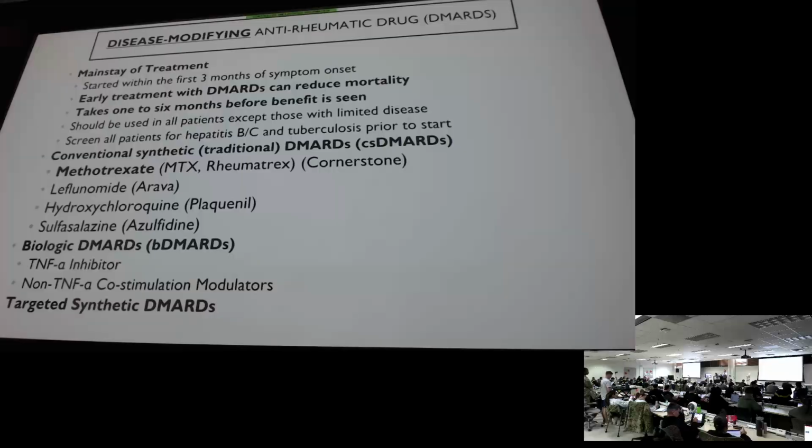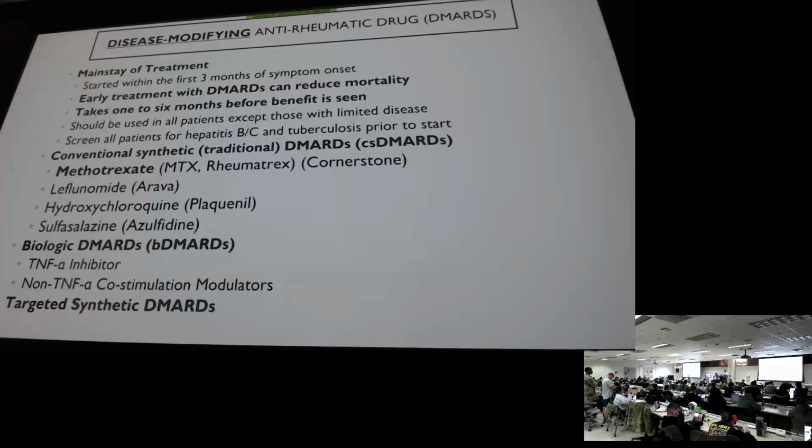And then biologic DMARDs, so they're broken down into either tumor necrosis factor alpha inhibitors or non-tumor necrosis factor alpha inhibitors. And lastly is the new one that I talked about, the Janus kinase inhibitors, the targeted synthetic DMARDs. And they are not biological.